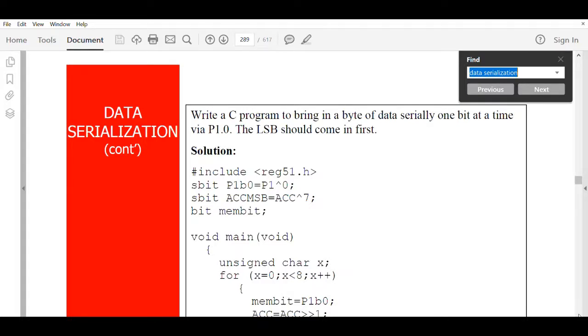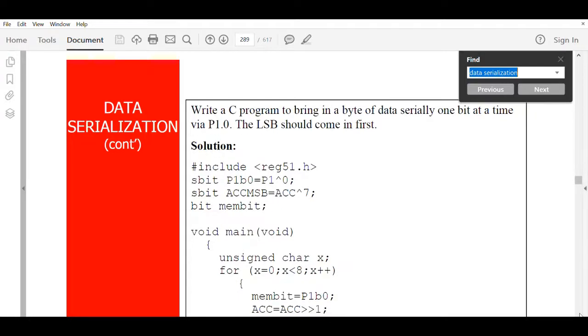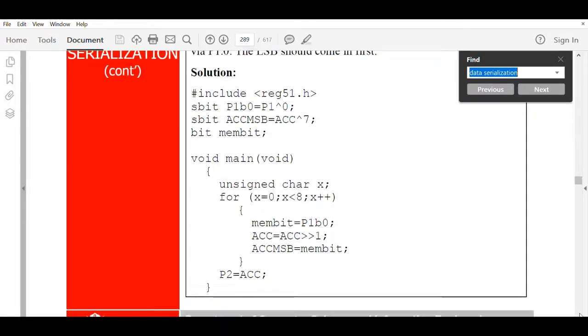So it's the other way around. In the earlier two cases, you are moving the accumulator contents out to P10. In this case, we are getting the data from P10 and moving it into the accumulator. Only the direction of transfer of data will change.